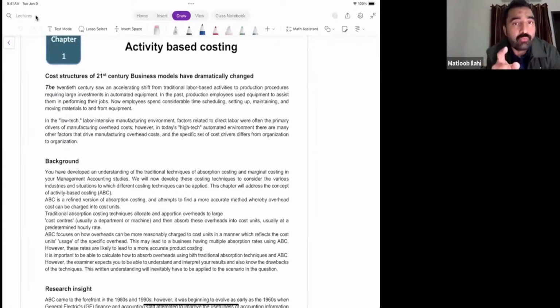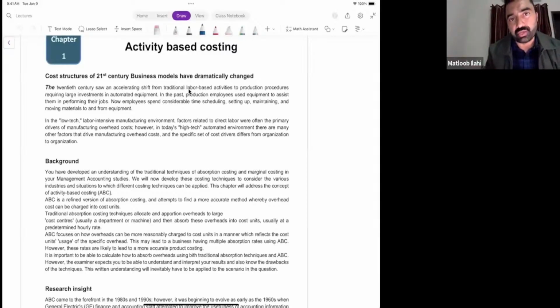So you know that traditional absorption costing is the conventional, old, historical method of absorbing overheads. Under traditional absorption costing, we use a single overhead rate to absorb overheads into the cost of the products. This method was okay.